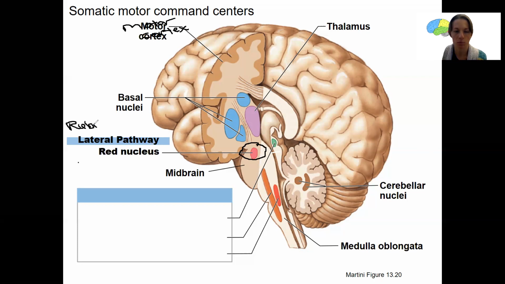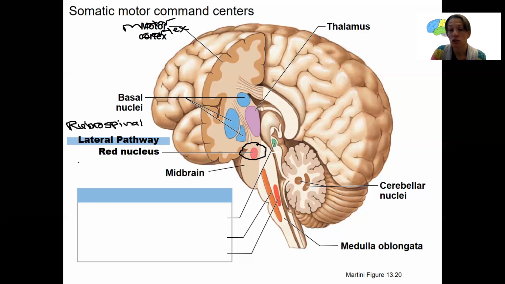I like Rubrospinal, the specifics, because it tells you this begins in the red nucleus, Rubro, and goes to the spinal. That tells you it's a motor pathway. So the red nucleus is going to have neurons that synapse where? In the anterior horn of the spinal cord. For this one, it's actually primarily the cervical spinal cord.